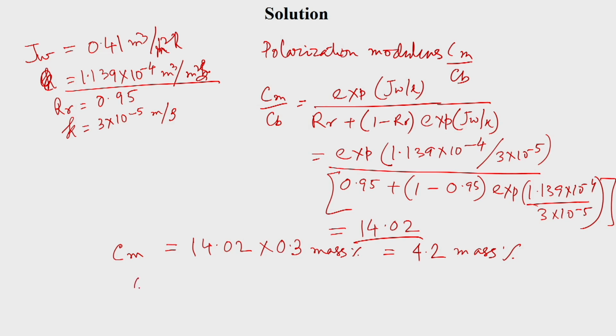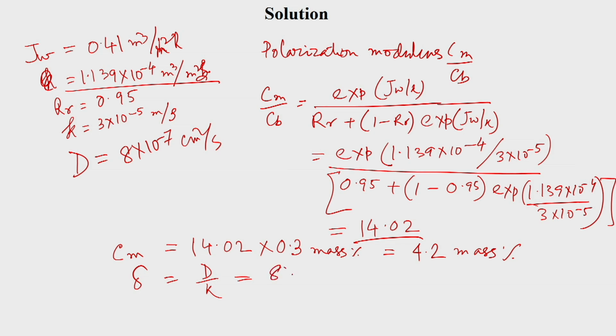Now, we say delta is equal to D by k. Okay. So, this D value is given as 8 into 10 to the power minus 7 centimeter square per second.